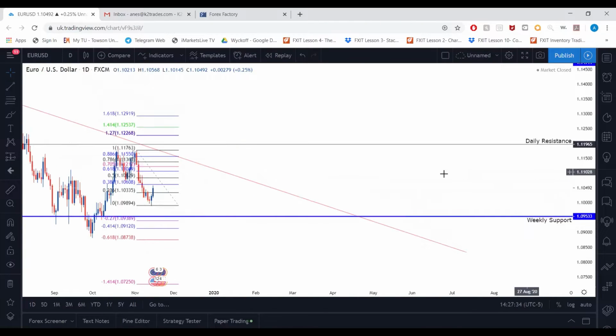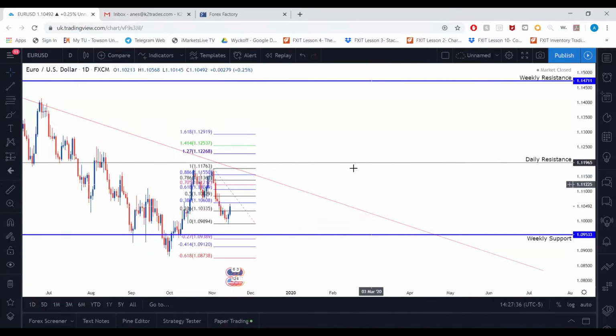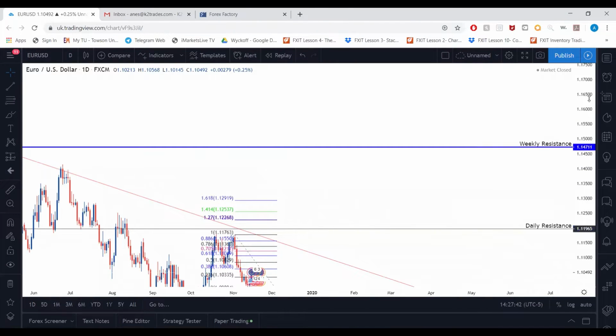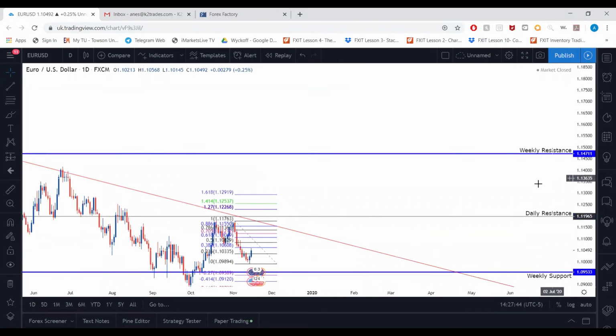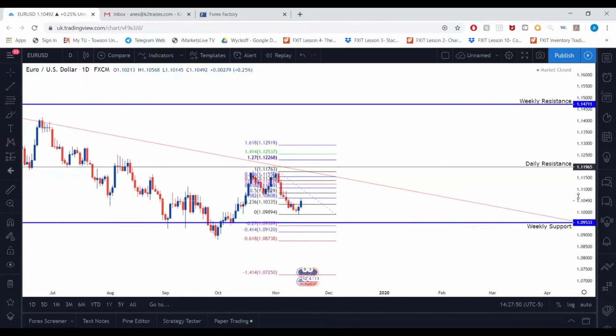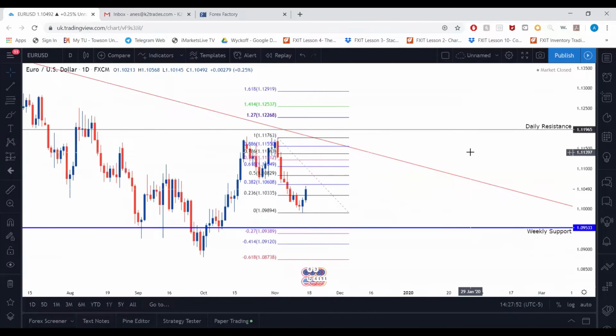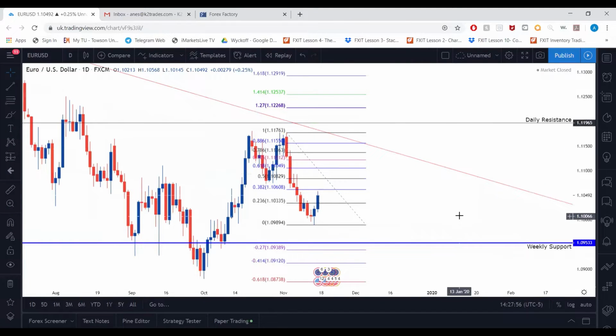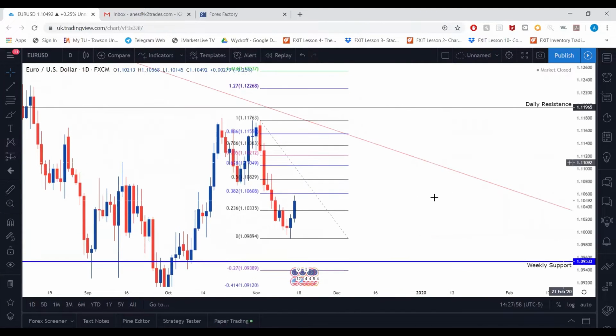I would like to see it finally breach the 1.12 level, so that we can look for some of these higher level corrections like 1.147, and I believe it was 1.17. So in the short term, just look for some low opportunities to go along. That would be my suggestion.